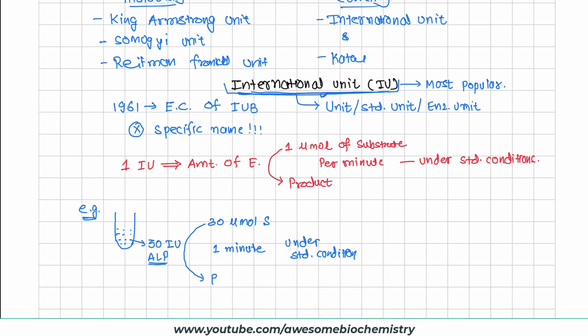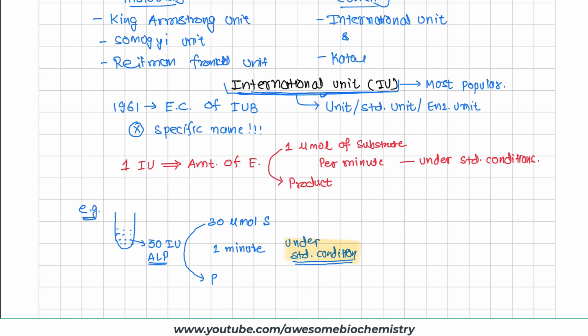Here, don't forget standard conditions, because enzyme activity is highly affected by various reaction conditions like temperature, pressure, pH, cofactors, etc. So activity must be measured under standard conditions so that the results of enzyme activity can be compared across all the different laboratories.